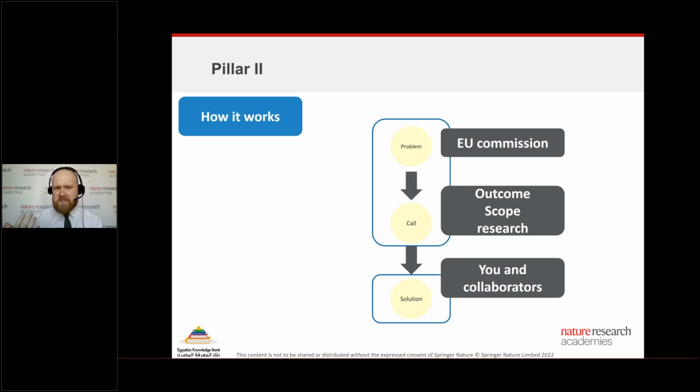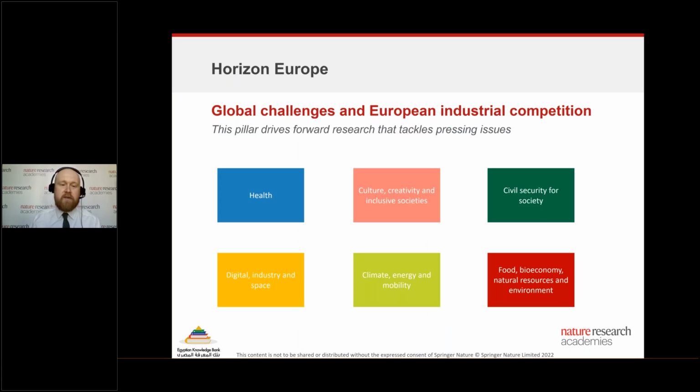So in order to be successful in applying for opportunities in Pillar 2, your solution to the problem needs to be outstanding. You'll be having many other researchers submitting other solutions to the same problem. So you need to make sure that your application stands out. So within Pillar 2, we have 6 clusters, which cover as many research topics as possible.